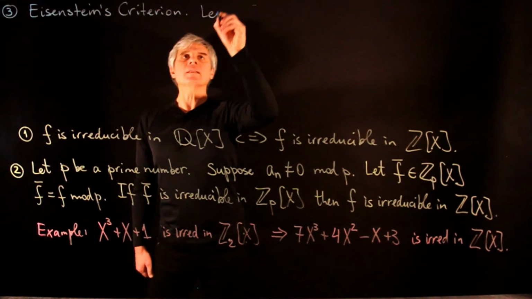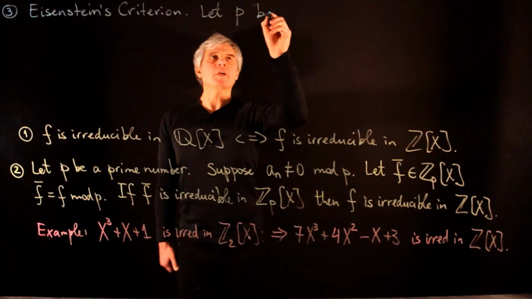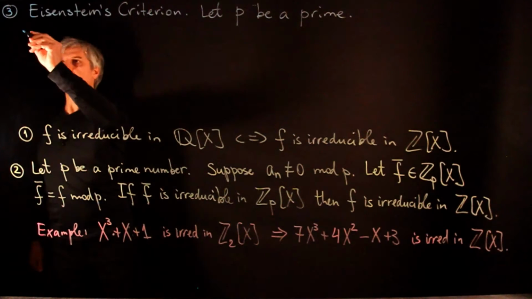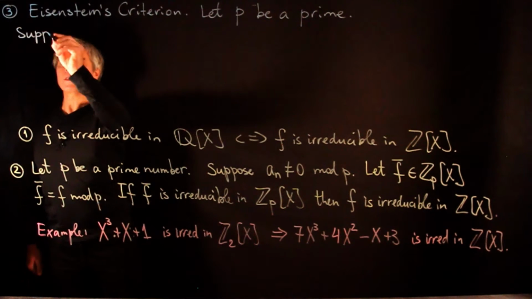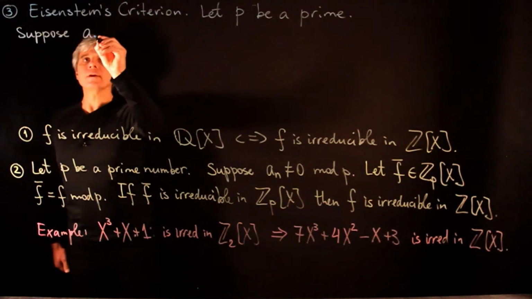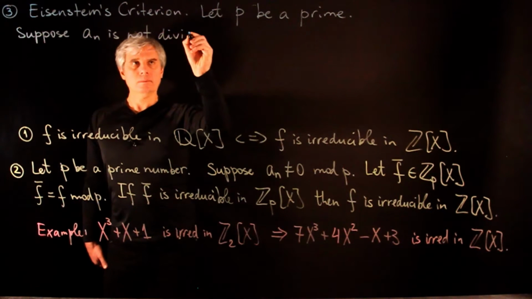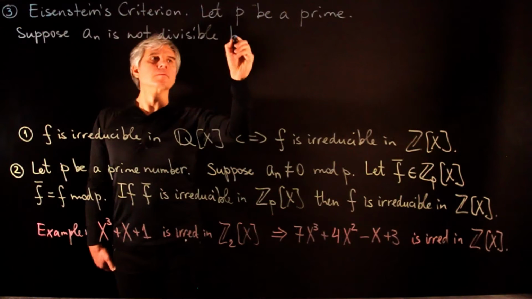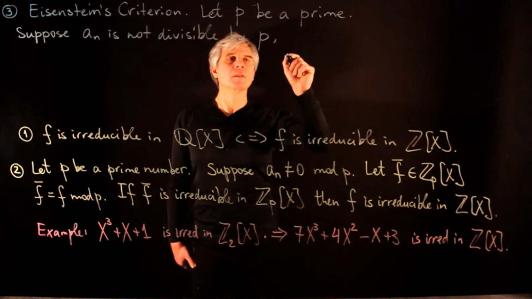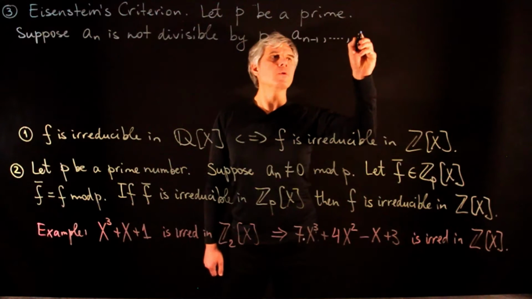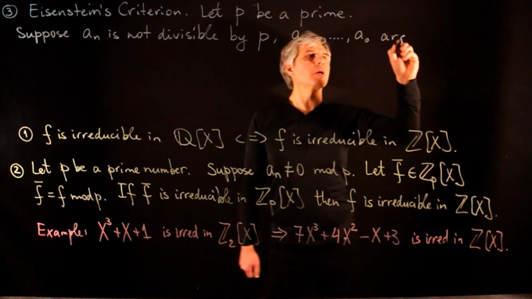The next result that we recall is not as obvious and is called Eisenstein's criterion. Again, let p be a prime. Suppose that the leading coefficient a_n is not divisible by p. All other coefficients a_{n-1} through a_0 are divisible by p.